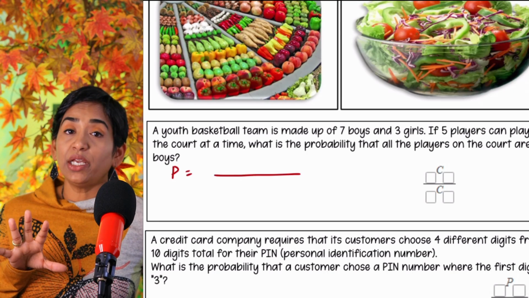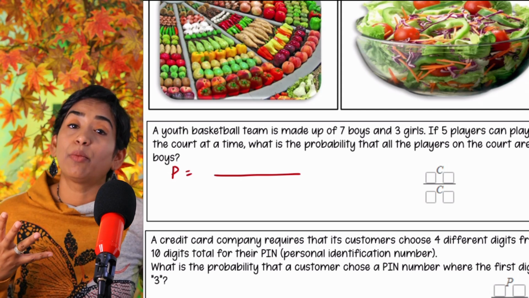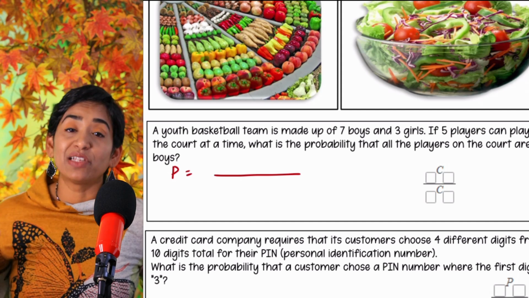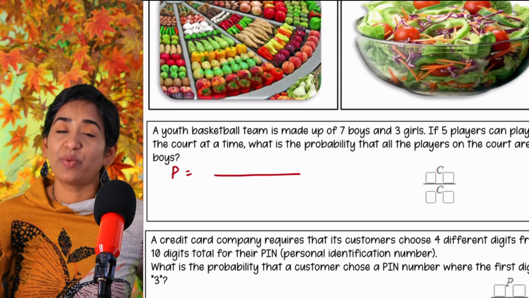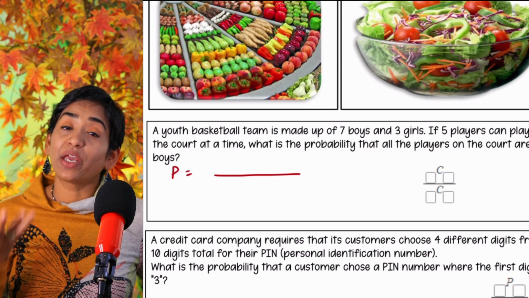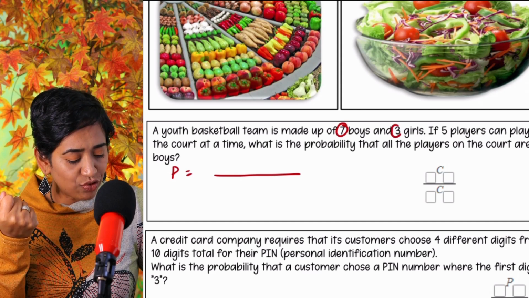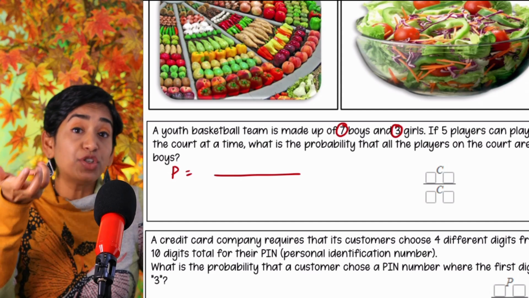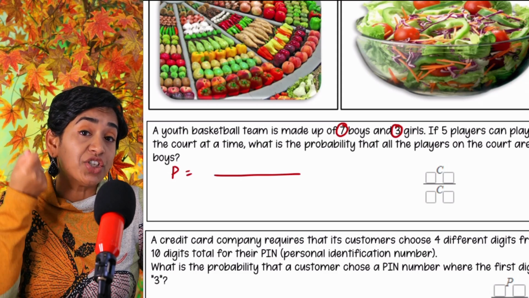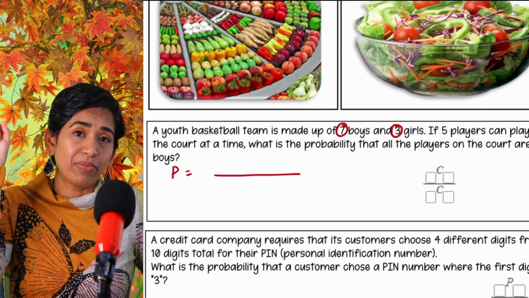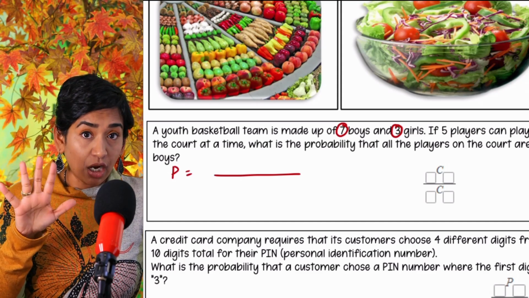So the denominator is always the total number of permutations or combinations. So it's the sample space. When I say sample space, how many ways can you pick 5 players from 7 boys and 3 girls? Remember, I'm choosing. It's not a permutation, it's a combination because order does not matter. I'm just going to choose them. There are no positions. So start with the denominator.